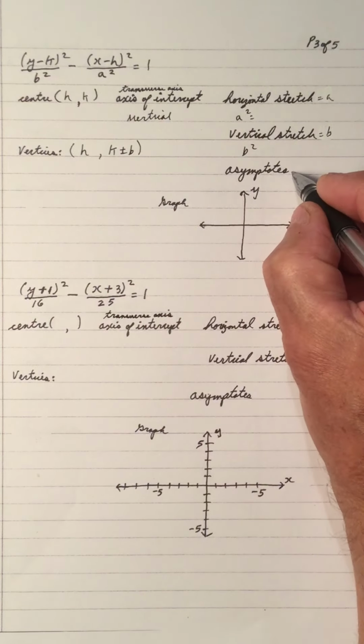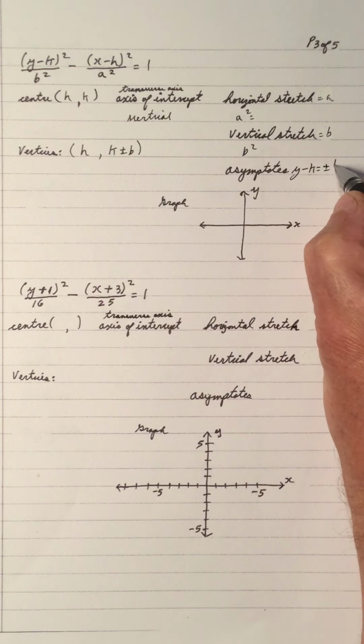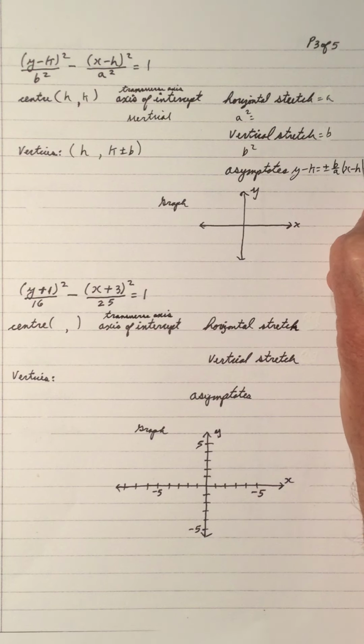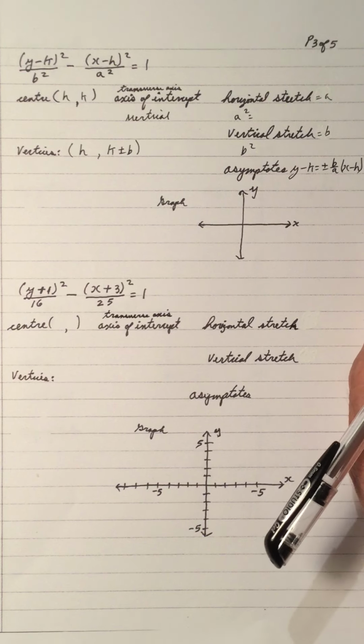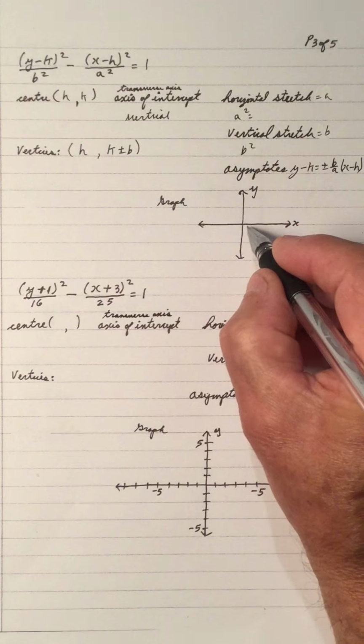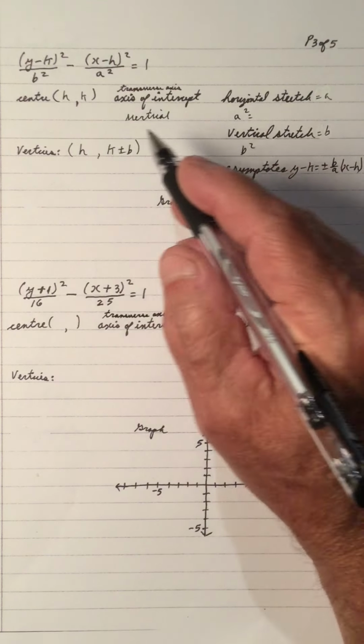And the asymptotes are the same, y minus k equals plus minus b over a times x minus h. That's the asymptotes.